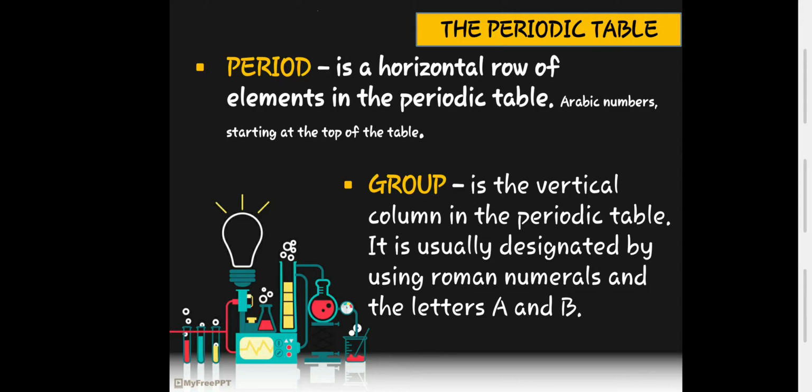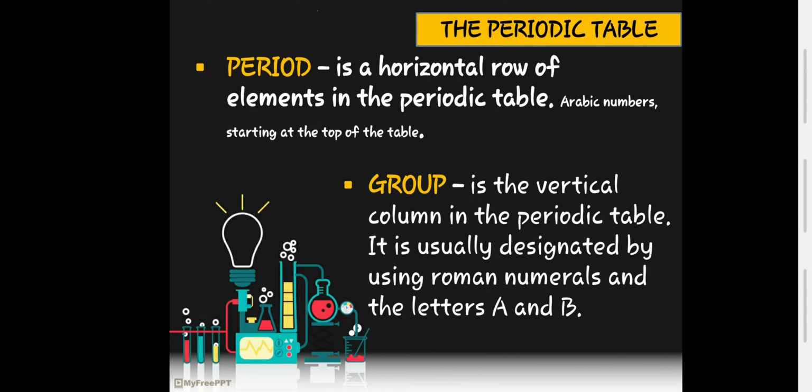Okay, let's discuss period first. A period is a horizontal row of elements in the periodic table. It starts with the Arabic numbers at the top of the table. So that is the period, the row. I will give you an example in the next slide. Next one is the group. If a period is a horizontal row, a group is a vertical column.